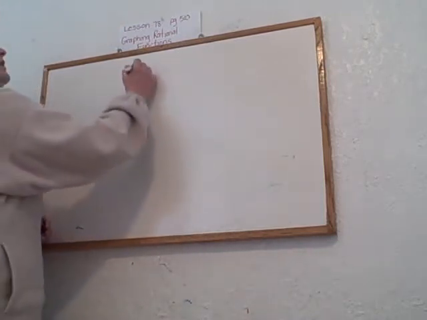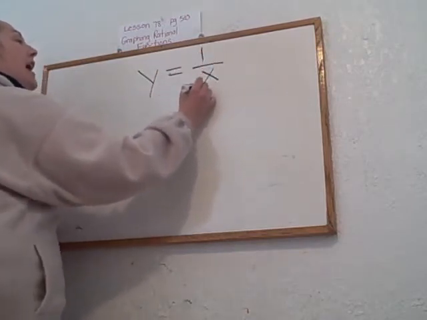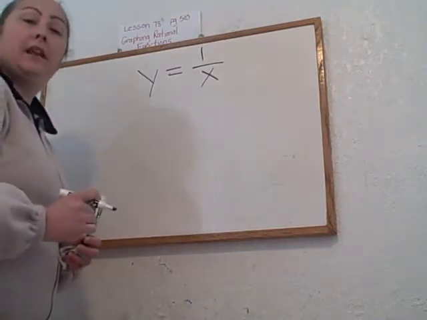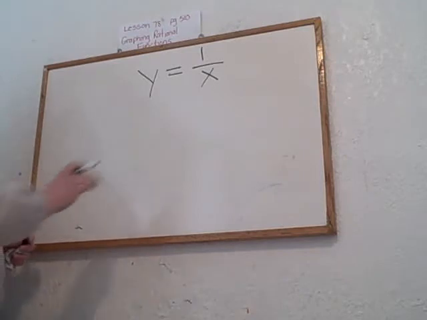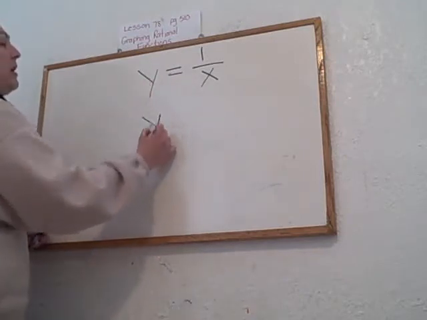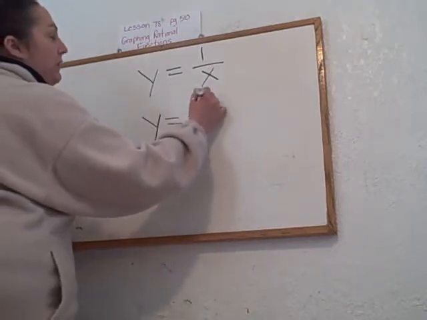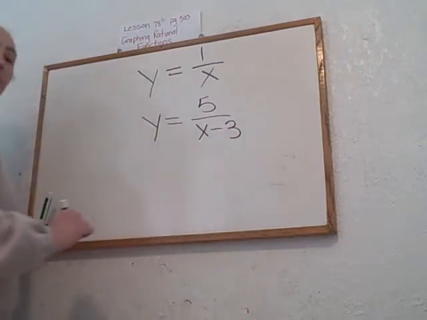A rational function is something that looks like this. Y equals 1 over x. Again, with a variable in the denominator of the fraction. This is one of the easier sorts of rational expressions. We'll also be looking at things like this: y equals 5 over x minus 3.